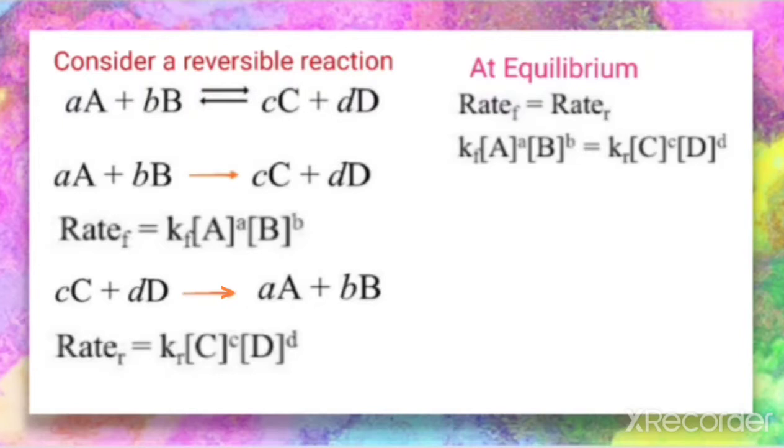So when we equate this equation, what will we be getting here? We get Kf by Kr. We'll come up with a new constant here. What is that constant? Kf by Kr is equal to a new constant, that is Kc.